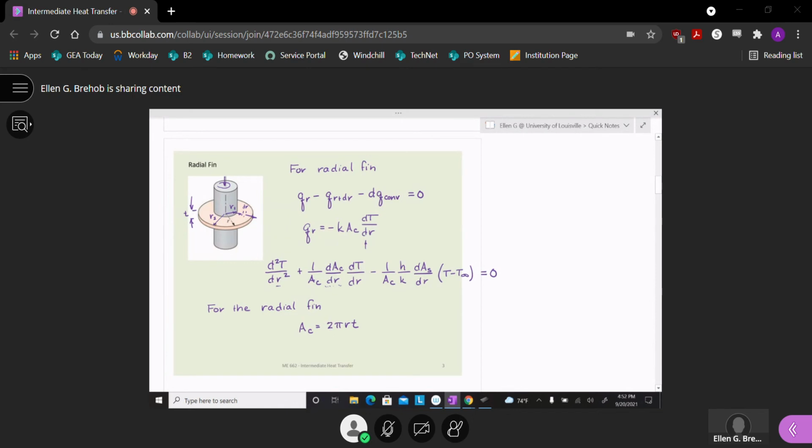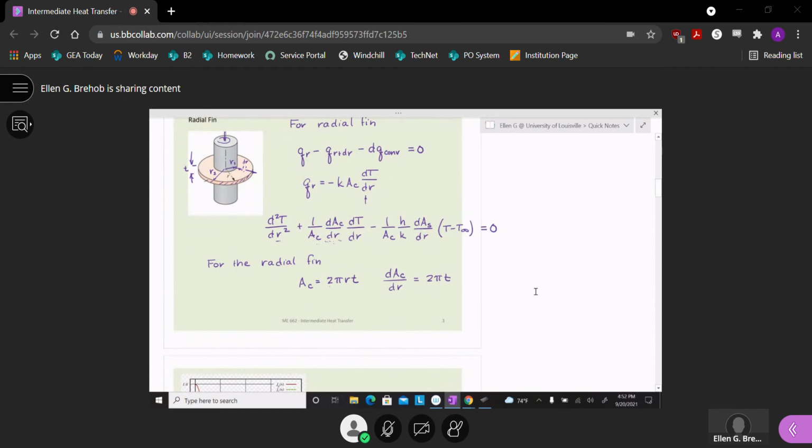And so my cross-sectional area is 2 pi r, that gets me circumference, and then the thickness. And if I take the derivative with respect to r, that just gives me 2 pi t. And if you're thinking ahead, we're going to substitute into this equation and then see if we can make some simplifications.